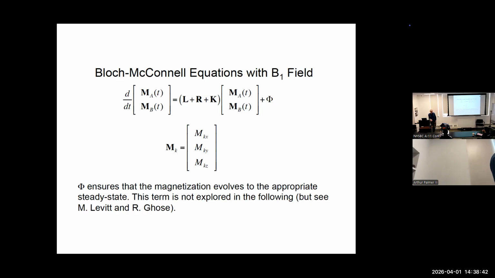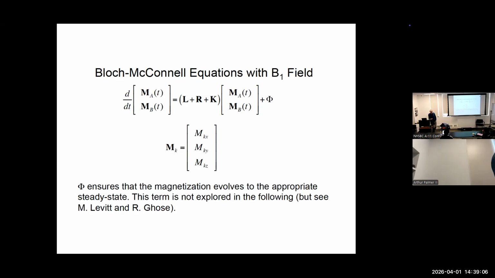So there's plenty of software programs around that will optimize values for the chemical shifts, the rate constants, etc., just by brute force solving the Bloch-McConnell equation. Modern computers are very fast.